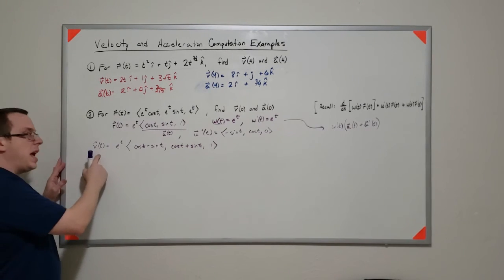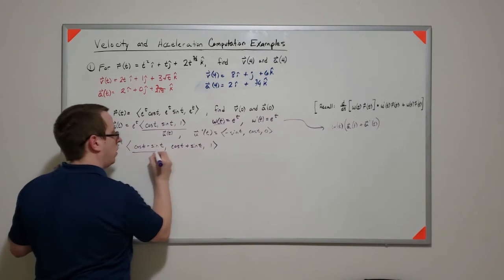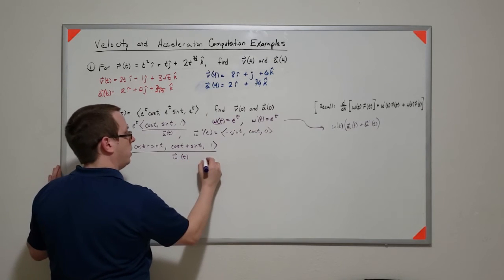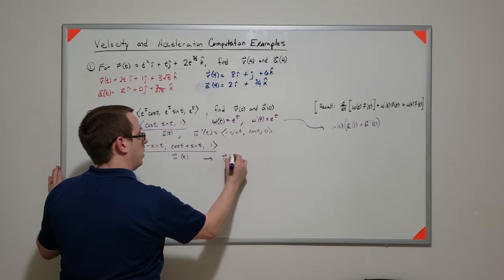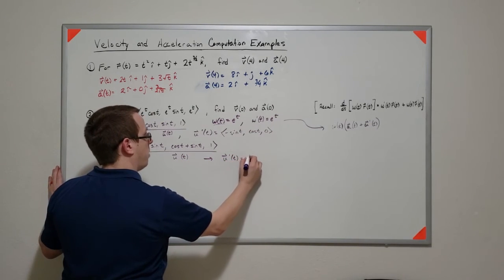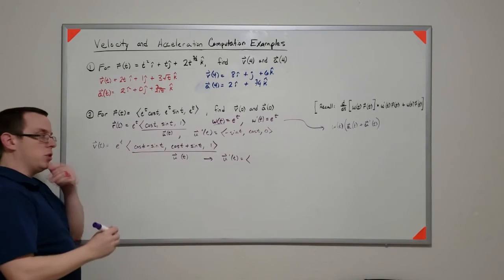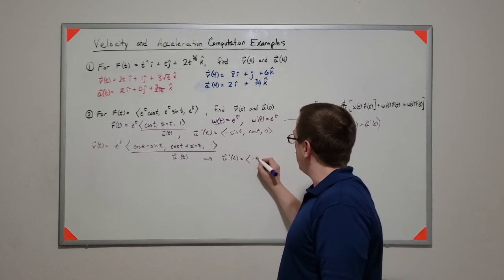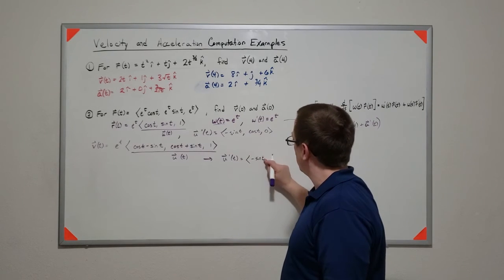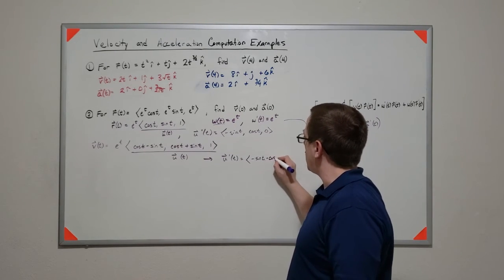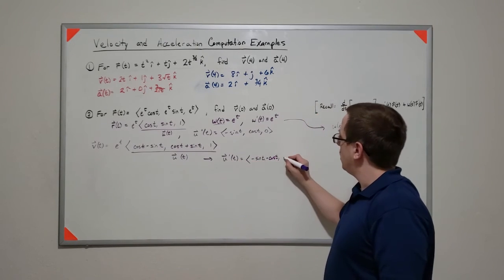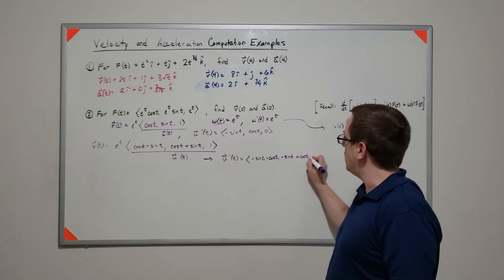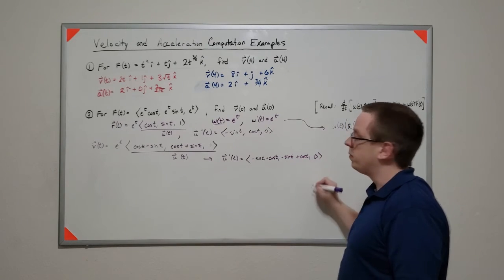Now if we want to do the same thing, we can call this u of t. So u prime of t is this thing's derivative, getting us negative sine of t minus cosine of t, negative sine of t plus cosine of t, and 0.